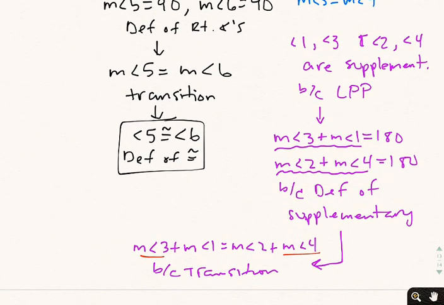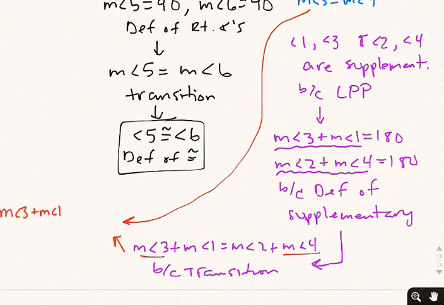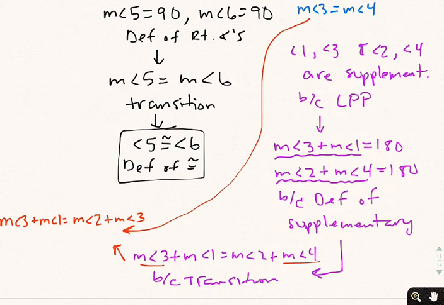So really, if I combine this piece and this piece together, I can actually say that the measure of angle 3 plus the measure of angle 1 equals the measure of angle 2 plus the measure of angle 3. And before you freak out and say, oh, Mr. Collins, you messed up, it should have been a 4, I'm actually using substitution. Up here it says that 3 and 4 are the same angle, so I'm going to take out 4 and replace it with 3. That's going to be substitution.